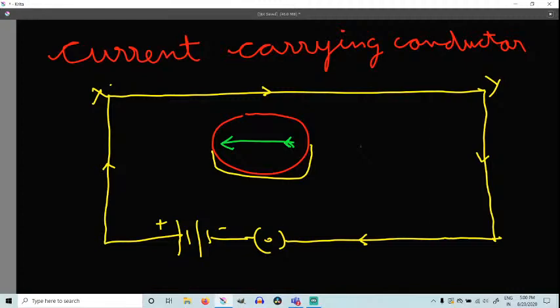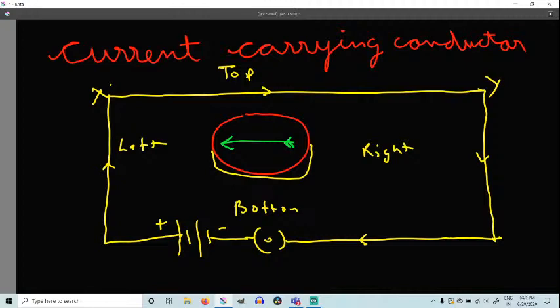This is the top, this is the bottom, and this is the left side, this is the right side. Which side does the needle show deflection? To the top, to the bottom, does it continue to point to the left, or does it go to the right?